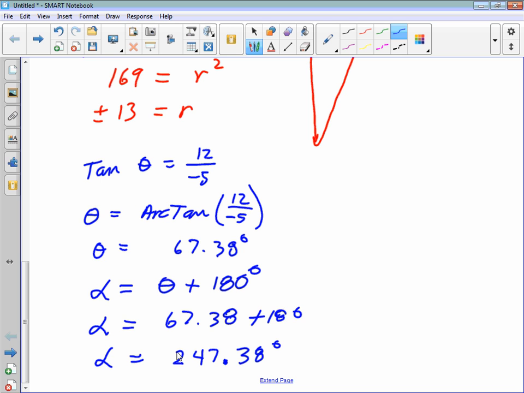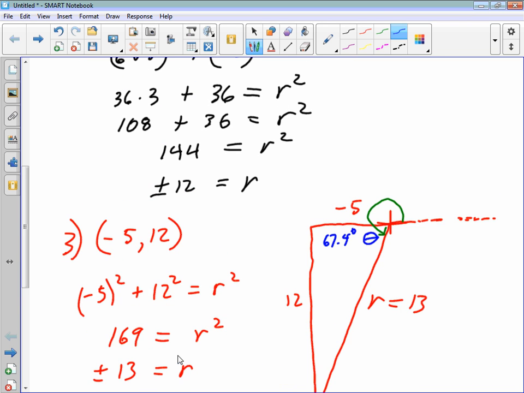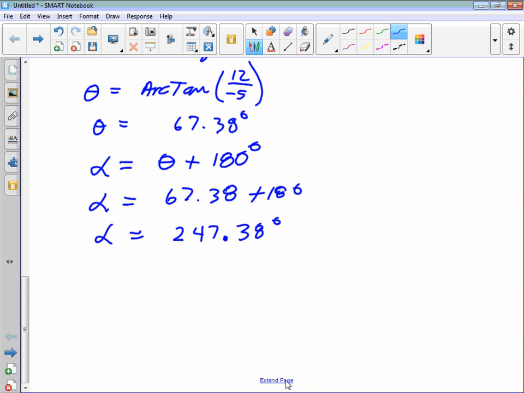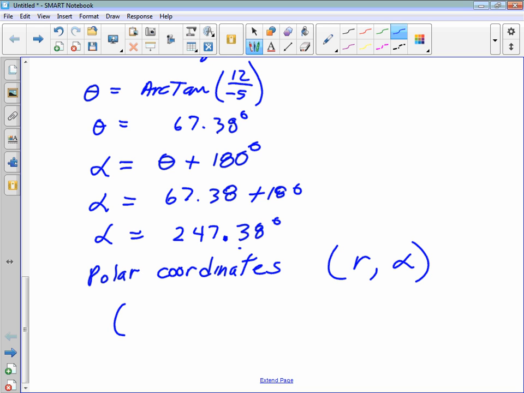So alpha equals that, and then our final polar coordinates (r, θ), in this case (r, α), would be radius of 13, comma, 247.38 degrees. Make sure you're in degree mode or radian mode. If you give it in radians, just make sure you're in radian mode.